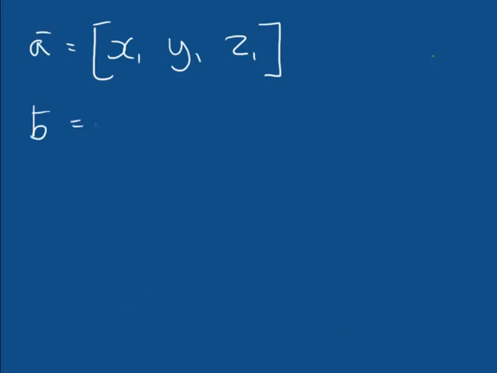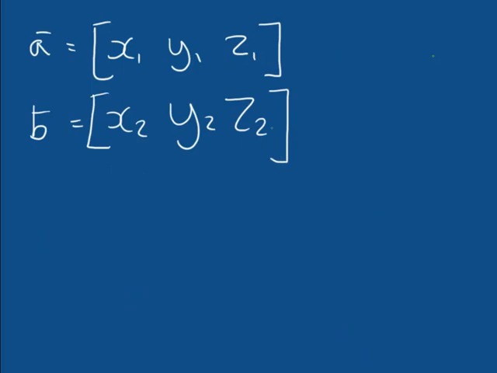Fantastic. So I'm going to say that A is equal to the vector x1, y1, z1, and B is the vector x2, y2, and z2. Just like when we assigned the components of A and B in the dot product video.